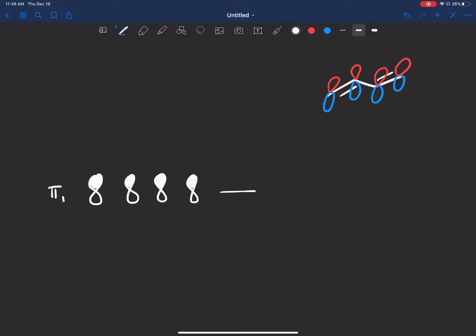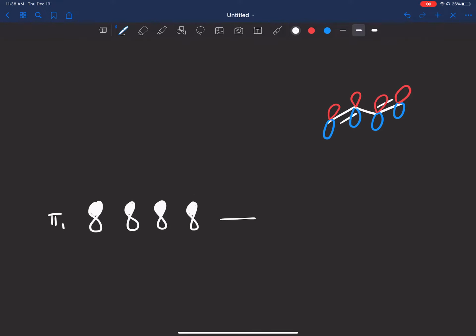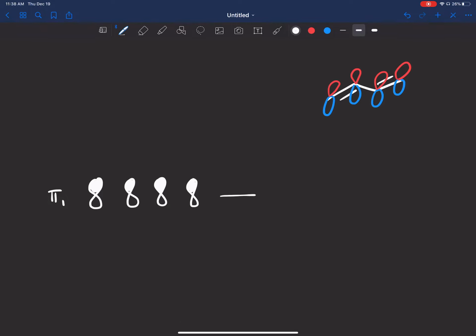Okay, and so the first molecular orbital where we have everything overlapping, this is going to be the lowest energy orbital.